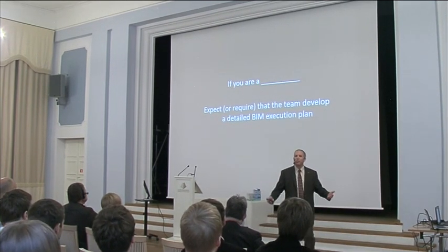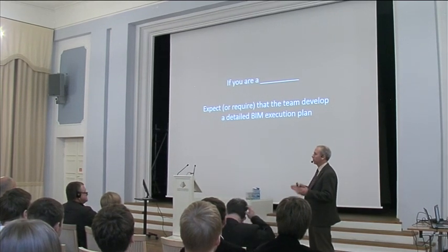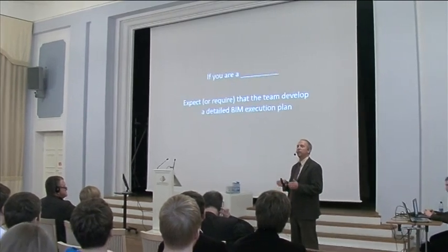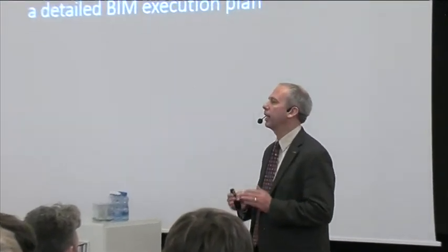And if you're from any other organization, I would still expect or require that your project team put together one of these plans, because it's valuable to the team. It's not just a contractual deliverable. It is a valuable process for the project team to go through and plan out their implementation strategy so that they reduce waste throughout this process.